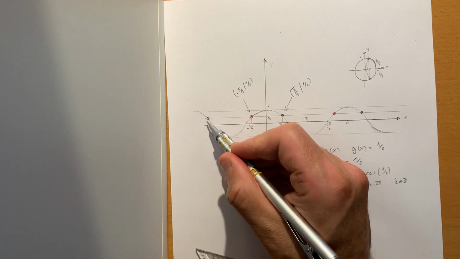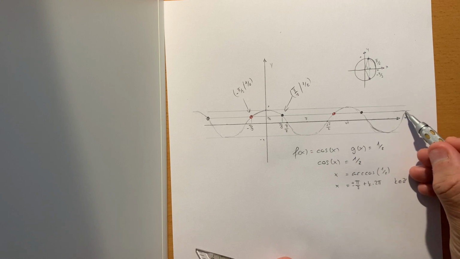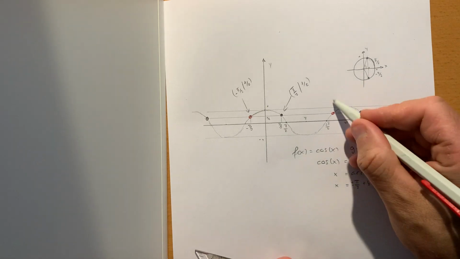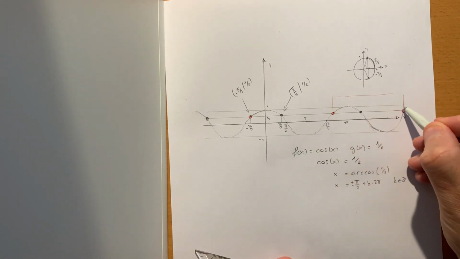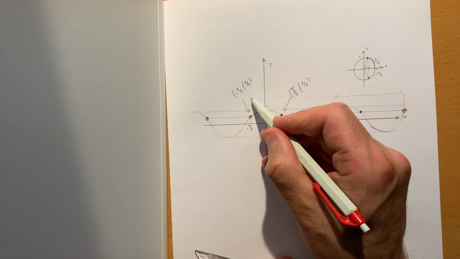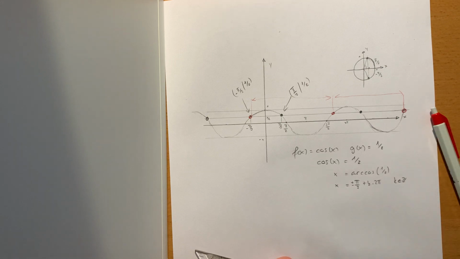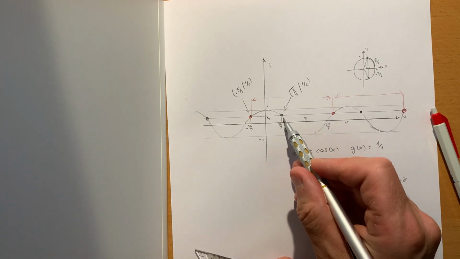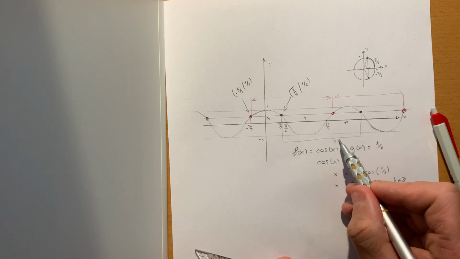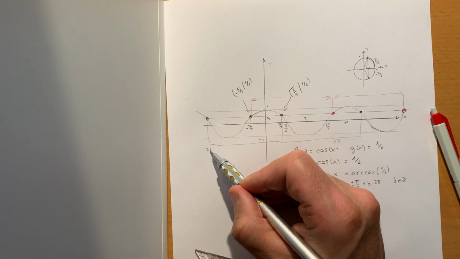So this is minus 1 period length. If I continued over here, this would be another red point. It's always 2 pi in between, 1 period length. Here as well, 2 pi. Again, 1 period length. Or here, from here to here, it's 2 pi. And from here to this point, it's 2 pi.